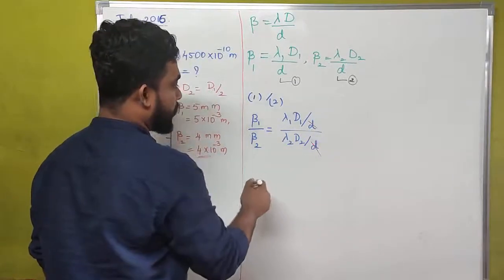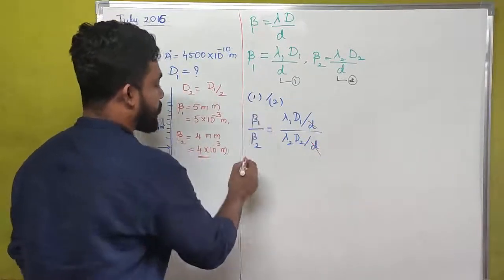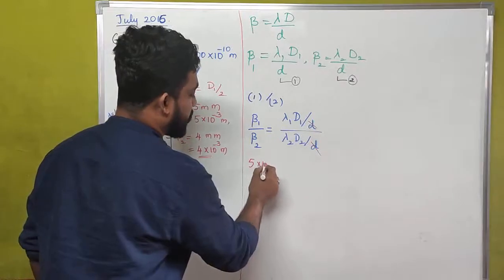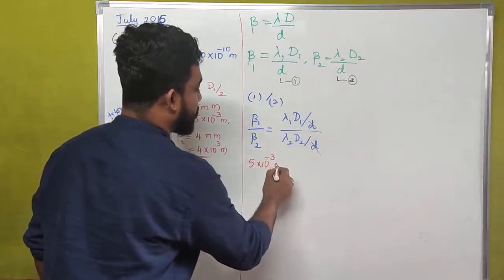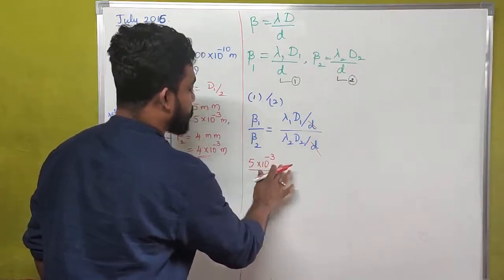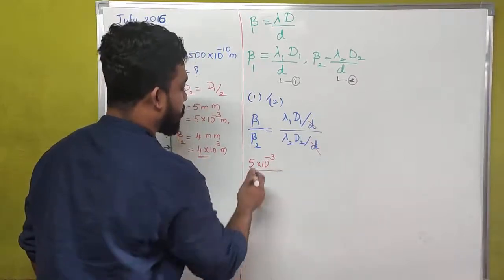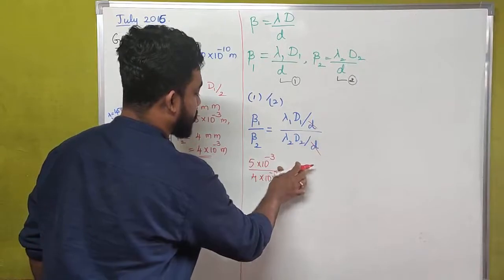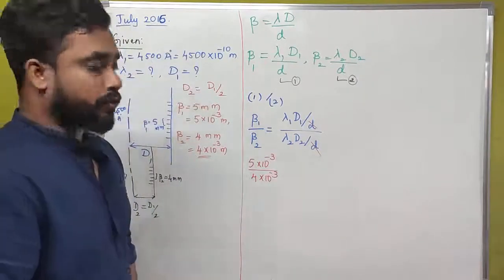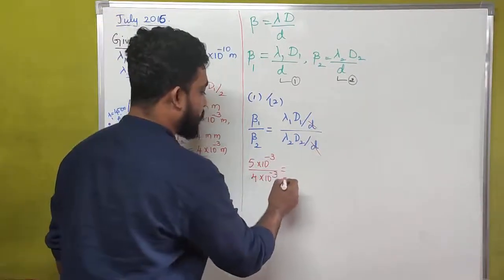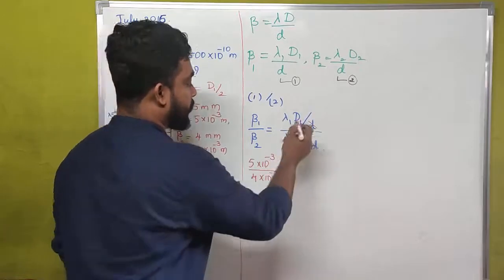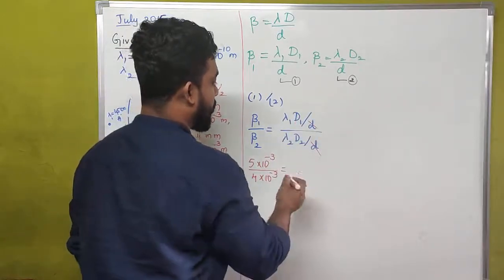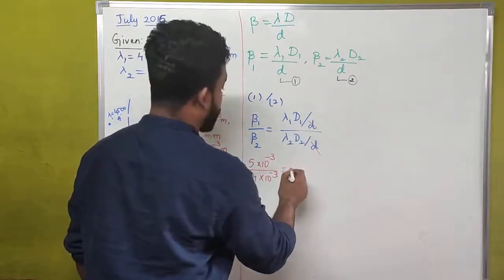Beta 1 is 5 millimeter, that is 5 into 10 to the power of minus 3 meter. This is beta 2, that is 4 into 10 to the power of minus 3 meter. Beta 1 is equal to 5 and beta 2 is equal to 4 millimeter. What is the value of lambda 1 here? Lambda 1 here is equal to 4500 Armstrong.